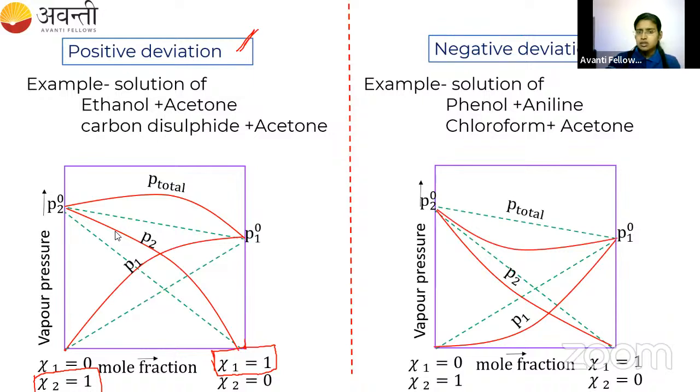Yeah, what is your doubt from this? So we have the pure component. It is greater than, or it may be less than also. This P2 can be written here also, no issues. We have only one type for positive and negative, and in that type, we'll have a curve above the line, and in the other case, we'll have a curve below the line.